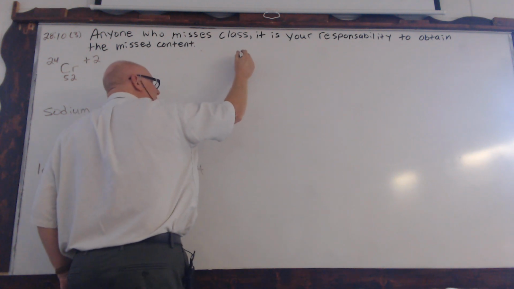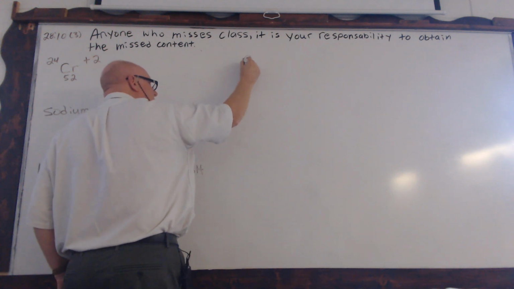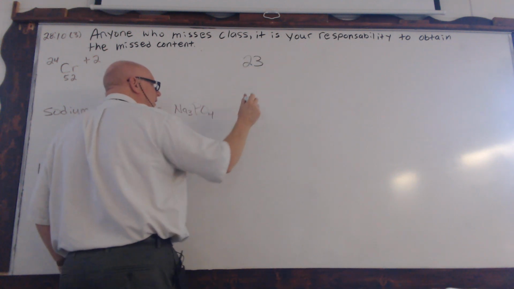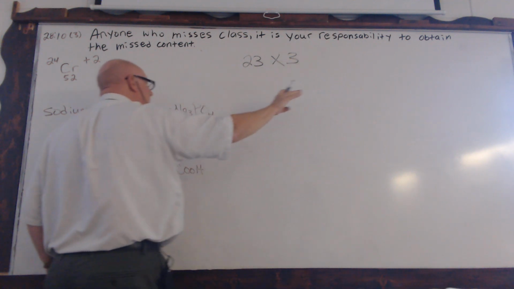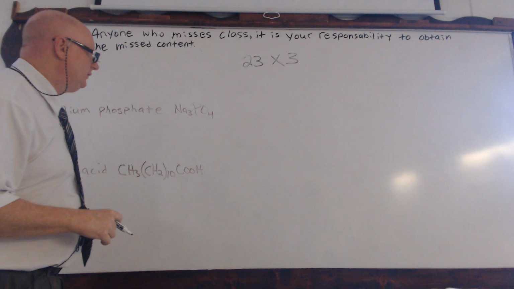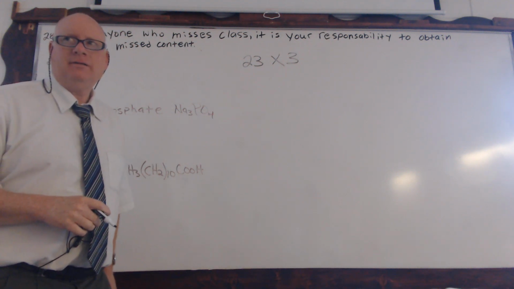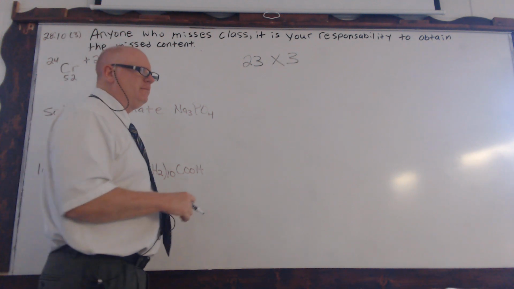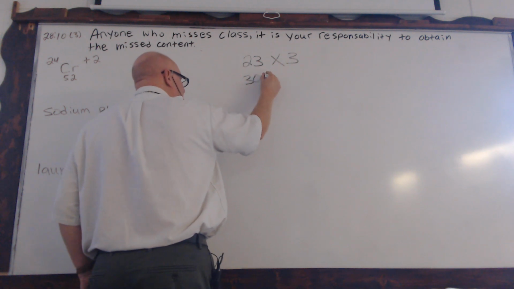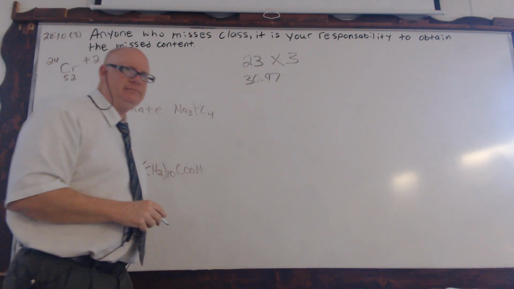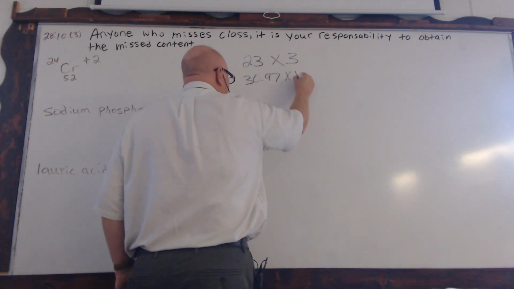Something like that, sure. Okay, so for sodium, the atomic mass is what? 22.99. And how many of them do you have? 3. So that gives you a number. Atomic mass for phosphorus? 30.97. And oxygen is 16.